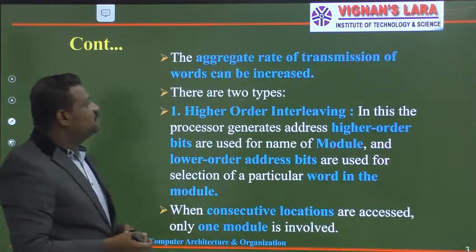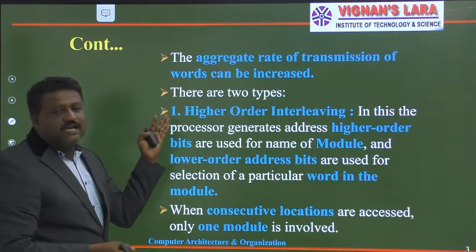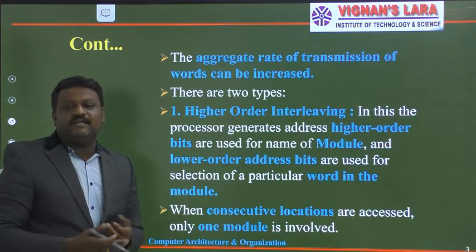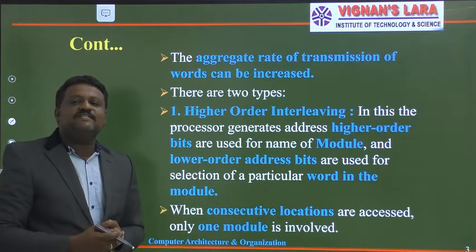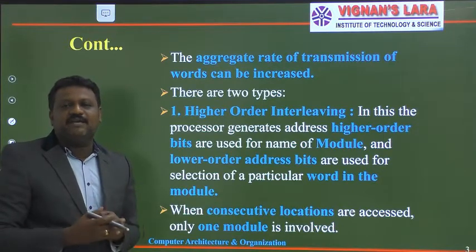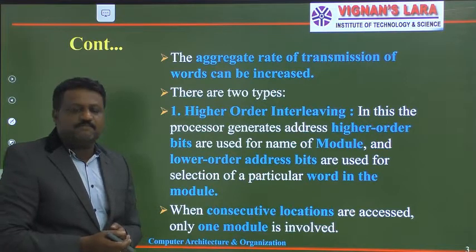So the aggregated rate of transmission of words can be increased. What is the advantage of this? The transfer rate, how fast we are transferring information to or from the memory, can be increased once you use this concept in our systems.